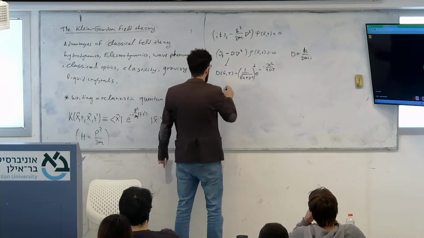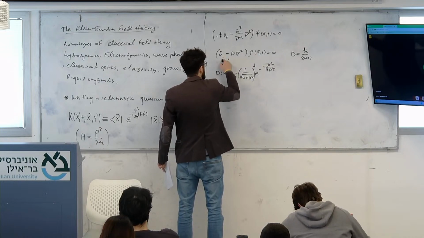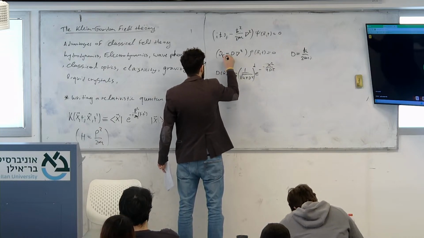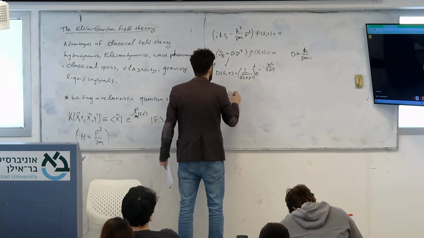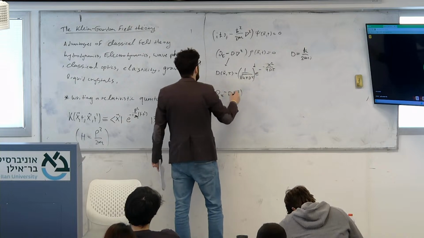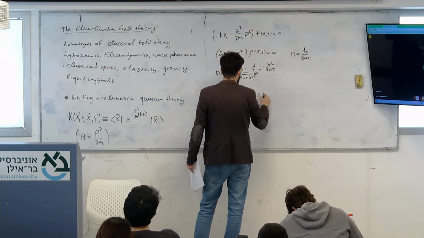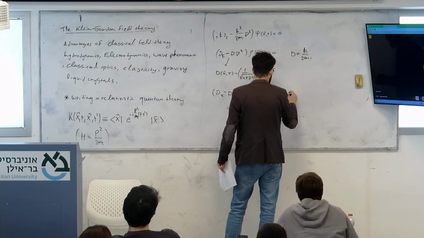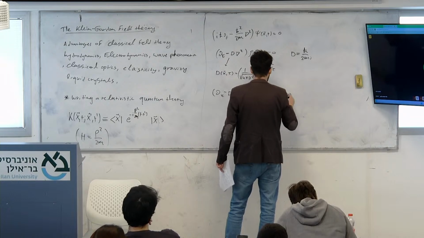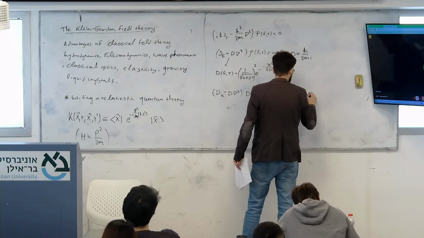Okay, let's do this properly. So let's call this D tau. If we do d tau minus D Laplacian acting on this D of x and tau, the claim is that we get delta of x minus x prime, times delta of t minus t prime.